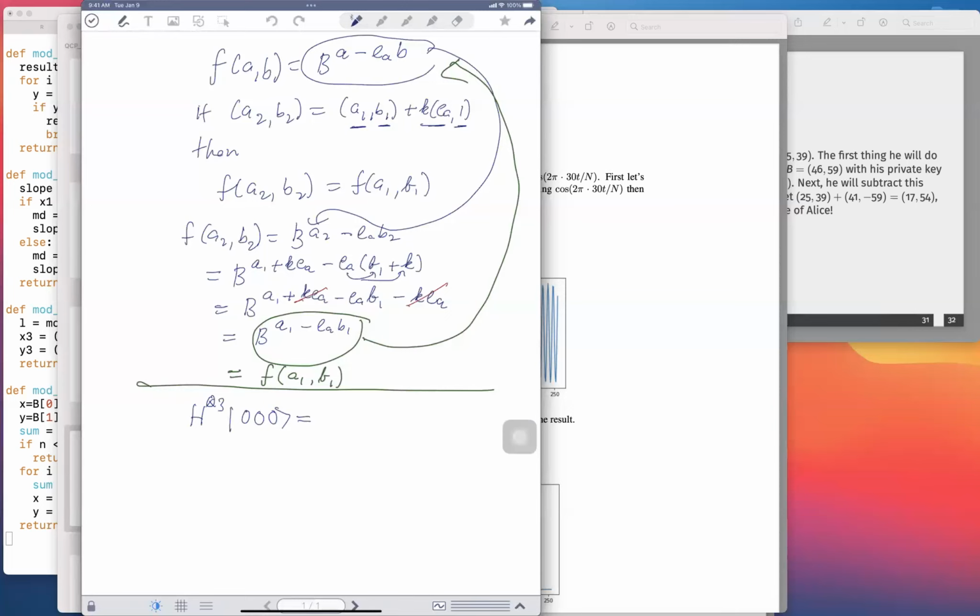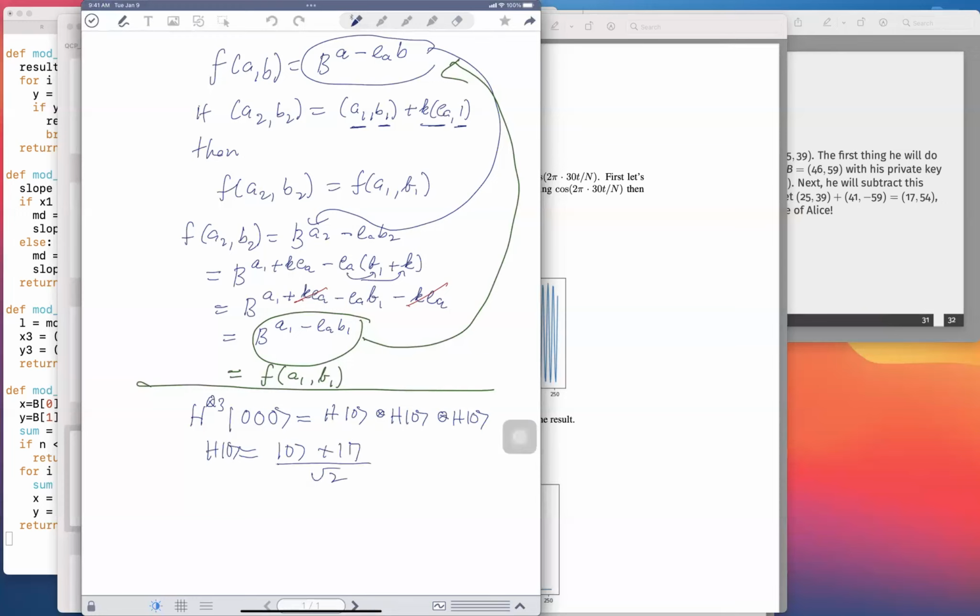So this one is equal to h of 0 tensor h of 0 tensor h of 0. If you expand that, we know that h of 0 is equal to (0 plus 1) over square root of 2.